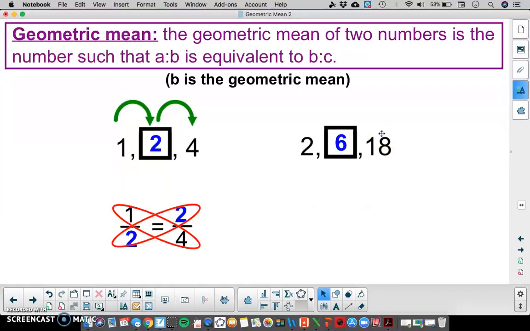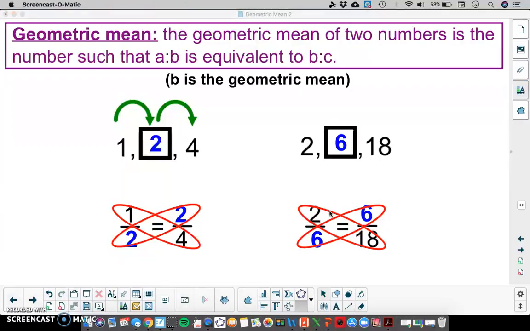We can also look at the ratios. 2 is to 6 as 6 is to 18. Again, check the cross products to make sure they're equivalent. 6 times 6 is 36, and 2 times 18 is 36.